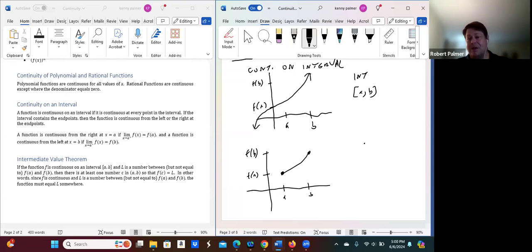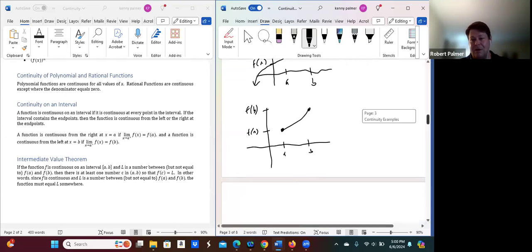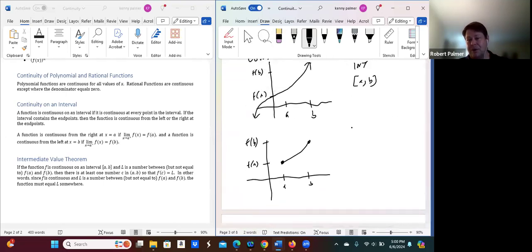What this says, this idea of continuous from the right at A, is that the limit as x goes to A from the right of f of x is equal to f of A. They can clearly say that's true.